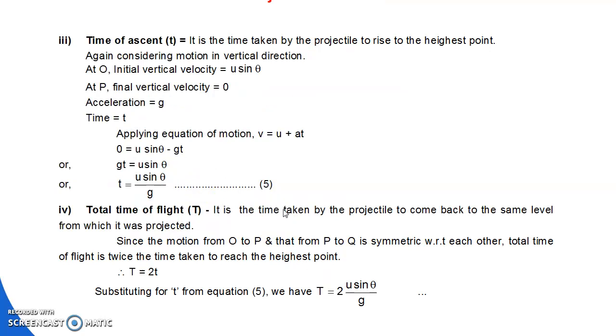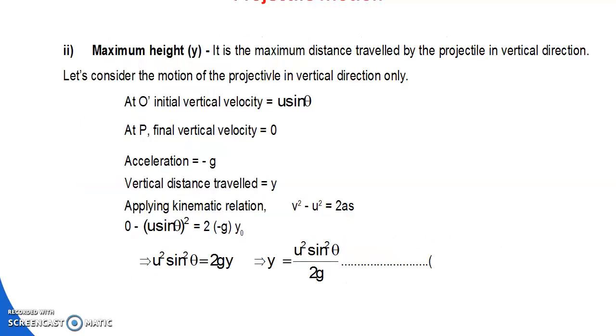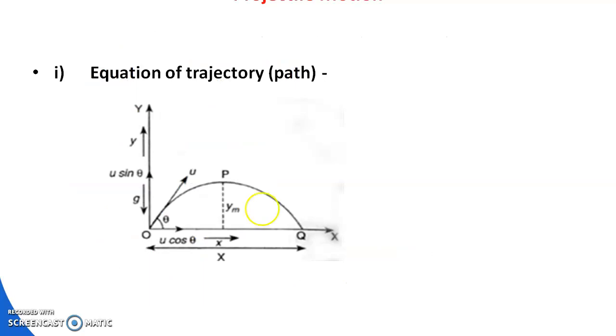Then next is the time of ascent. Time of ascent means the time taken by the projectile from the lowest point to the highest point. From O to P, the time taken is known as time of ascent. Ascent means ascending, lowest to highest.